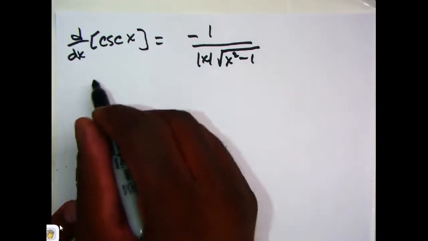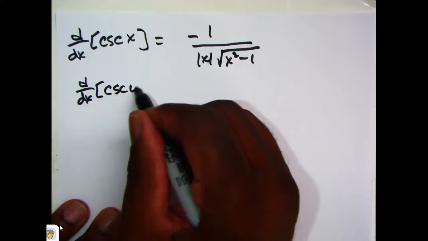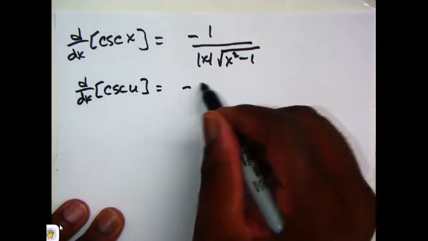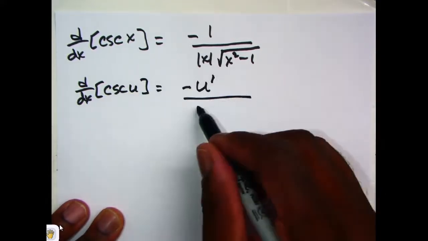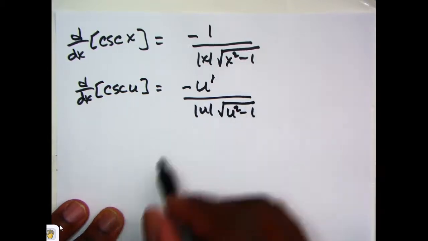And the derivative of cosecant of u will be negative u prime over absolute value of u, square root of u squared minus 1.